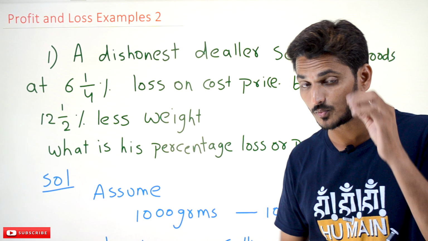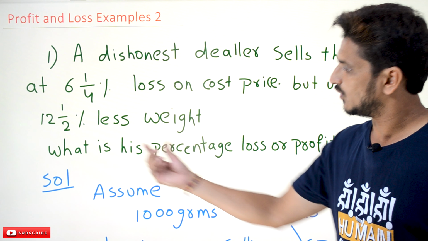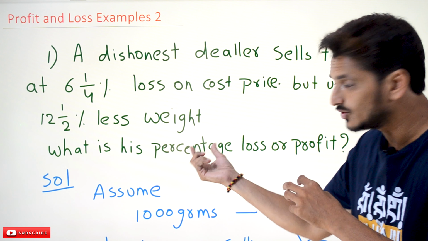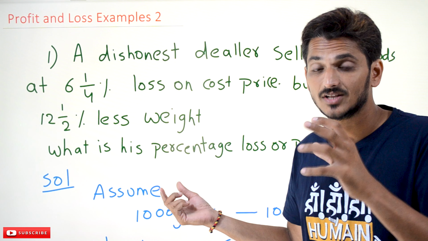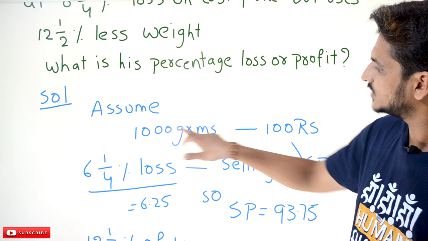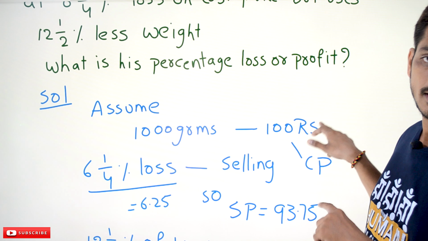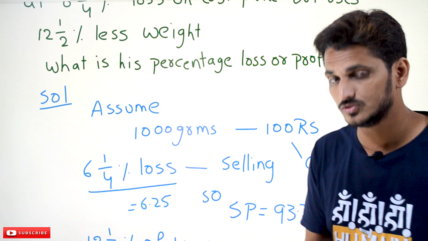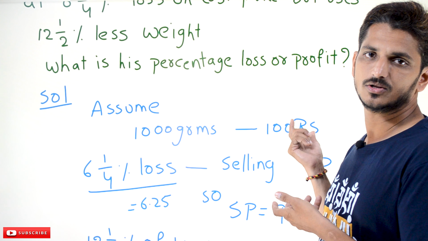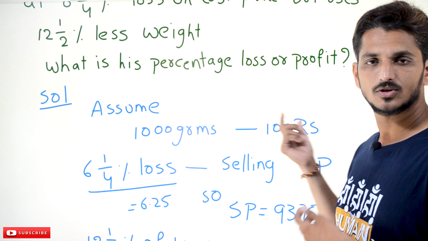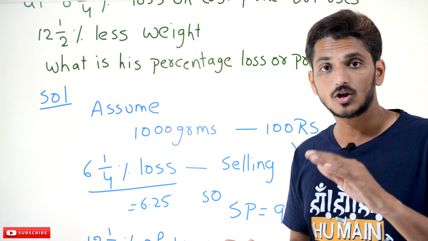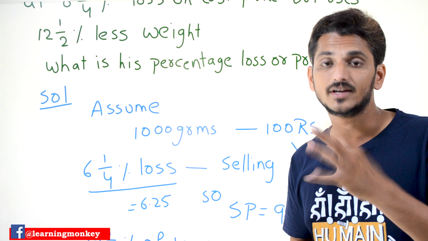One more important point you have to keep in mind: whenever you are identifying percentage loss or profit, you can assume 1000 grams is equal to 100 rupees. Whatever values you want to assume, like 10,000 grams is equal to 1000 rupees, or 1000 grams is equal to 10 rupees, the profit or loss percentage will not be affected.